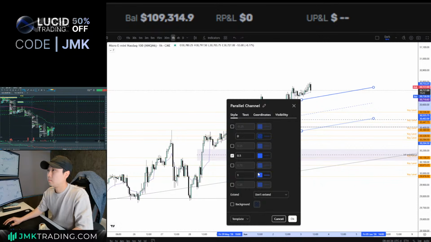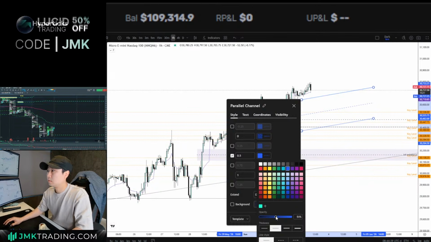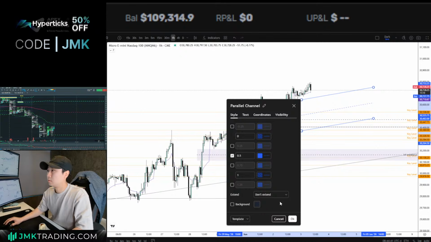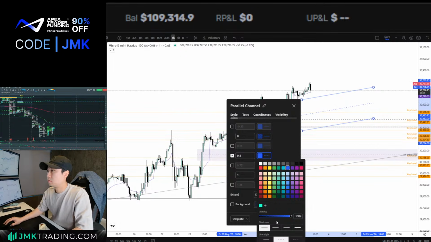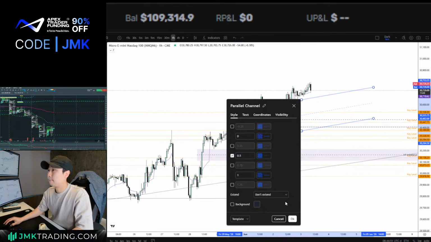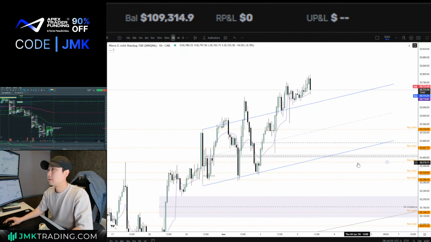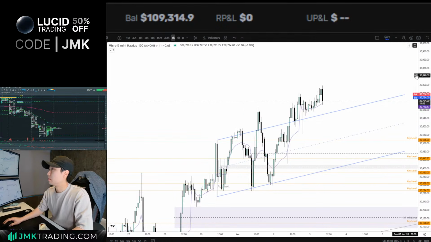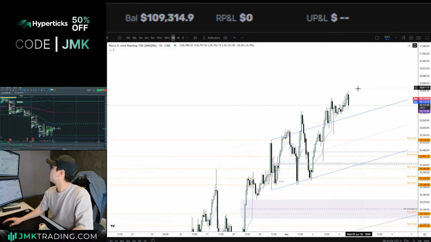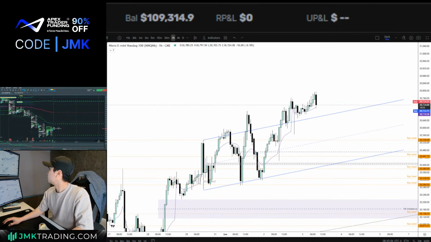Just put you at 50%. Alrighty. So this channel is fairly respected. Trying to see if we'll still hold this. I just realized we can't really see value on the trade C chart. It's fine.